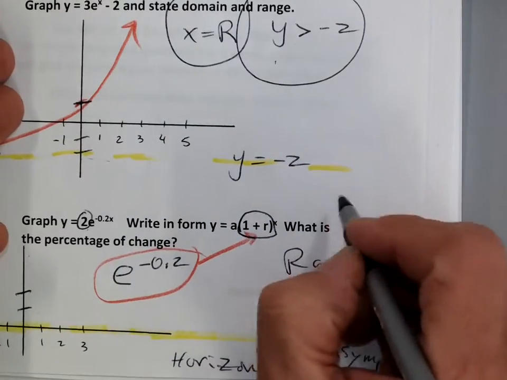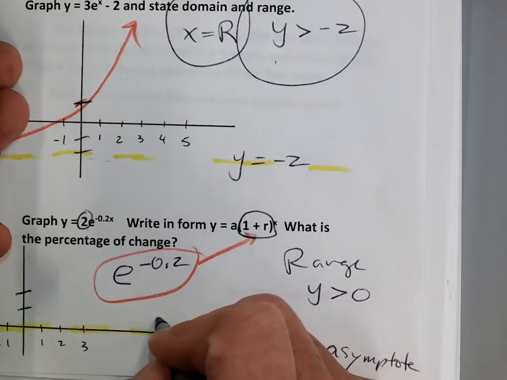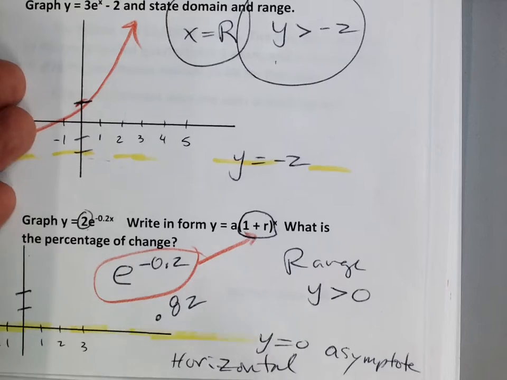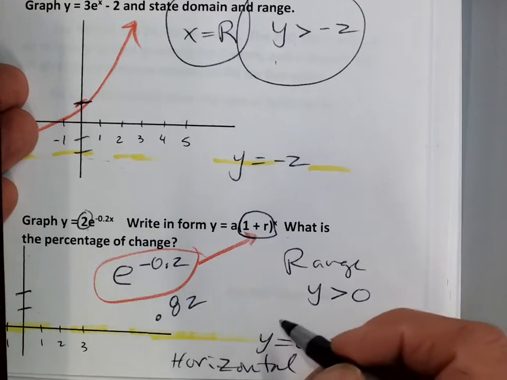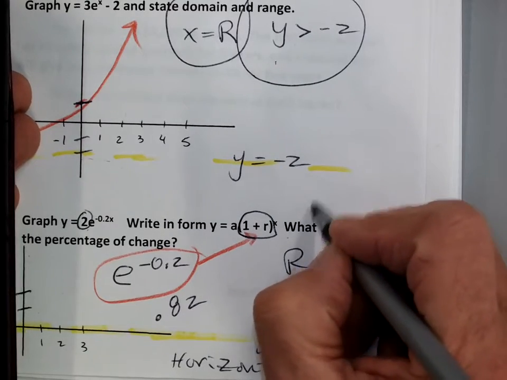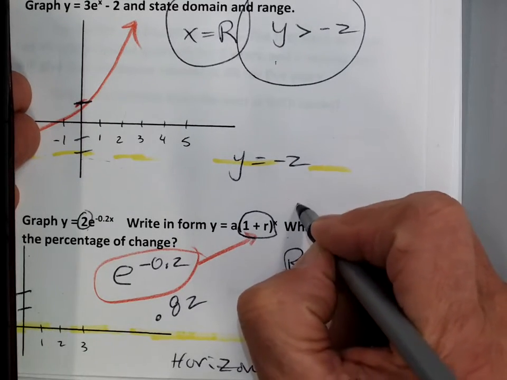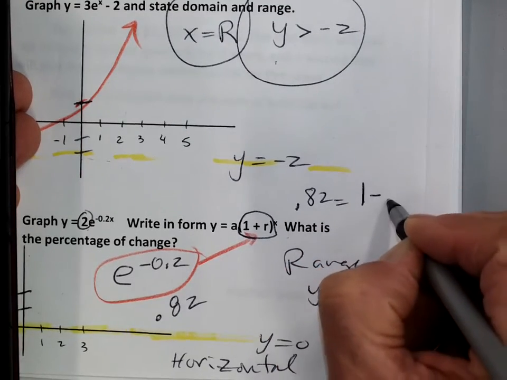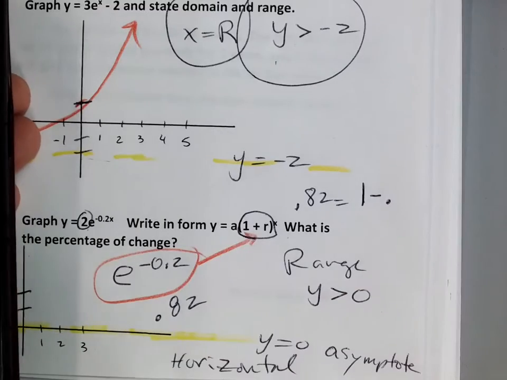So this answer is 0.82. Well, that's the same thing as 1 minus, let's see, 0.82 is equal to 1 minus, what's 100 minus 82?